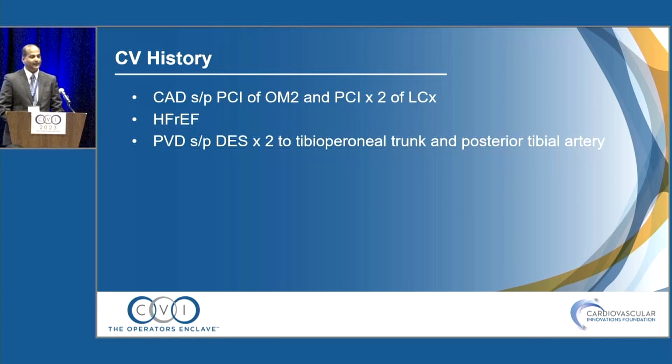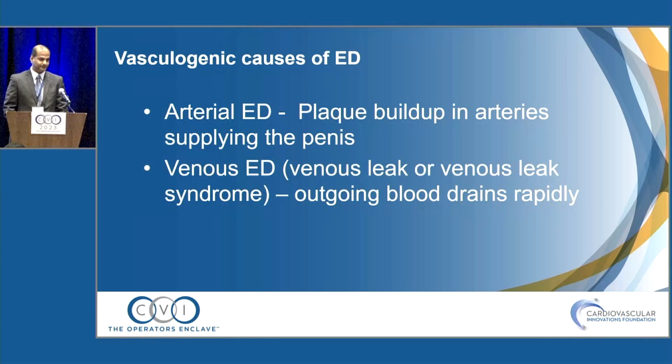And he's had cardiovascular history as well after the sorafenib treatment. He's had multiple stents placed for CAD. He developed heart failure, and then he had peripheral vascular disease as well, requiring a couple of stents to his arteries.